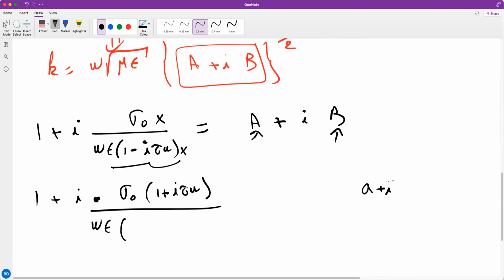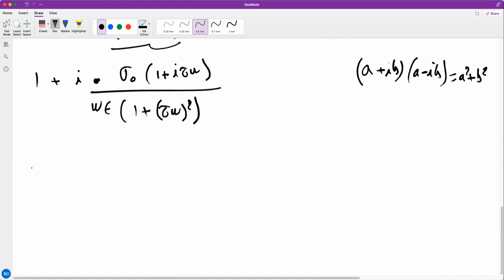A plus iB times A minus iB, the complex conjugate, gives me A squared plus B squared. This you know. So if I multiply here and here, it will be 1 plus tau omega squared, right?